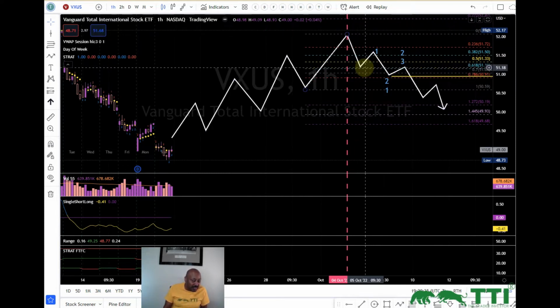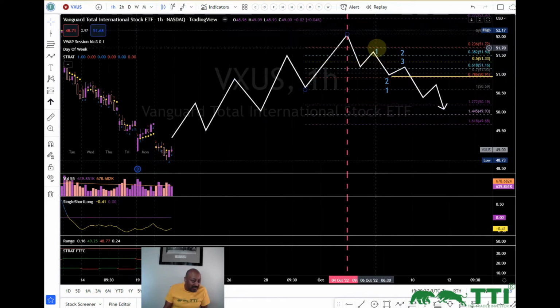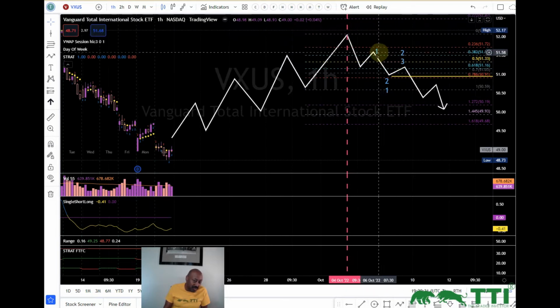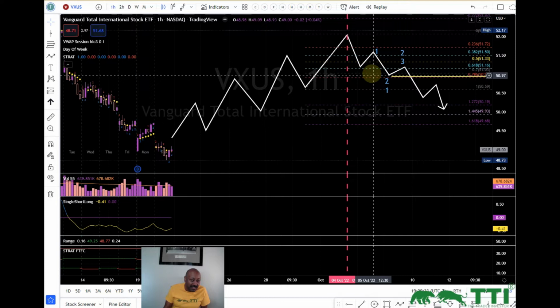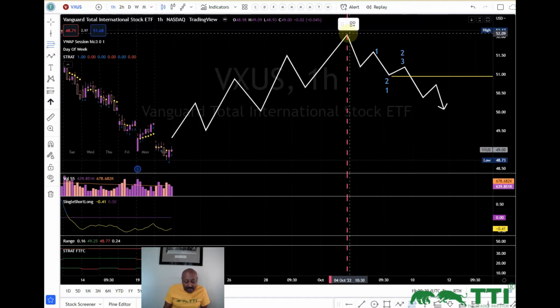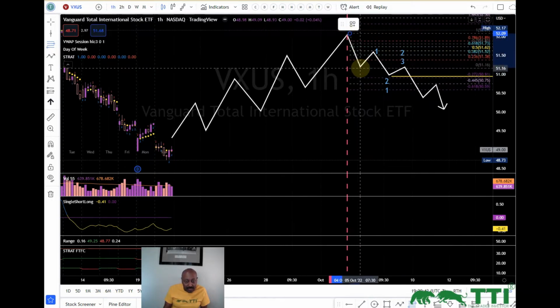The green to green was good the first time, but it never cleared. It didn't give us a new high. Therefore, there's no more trade in that direction.